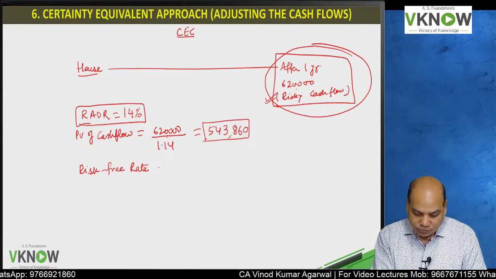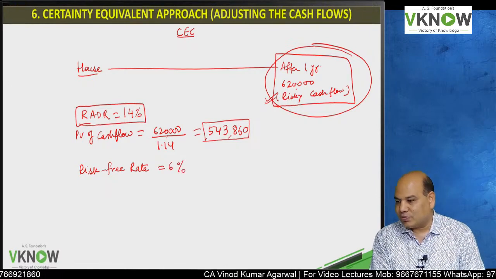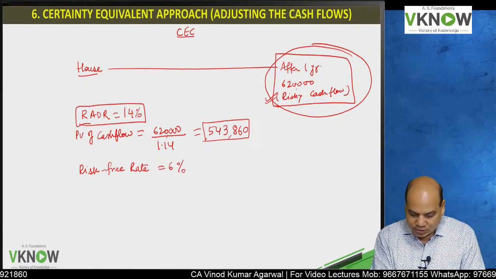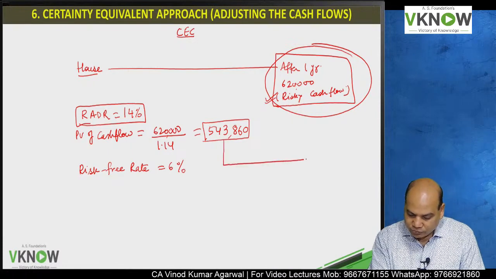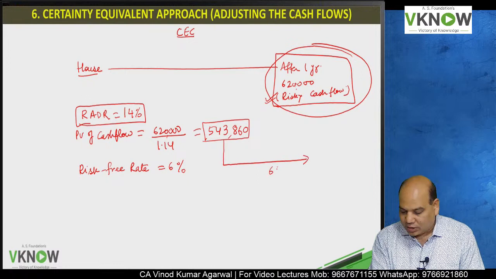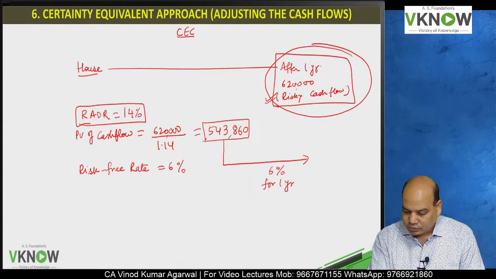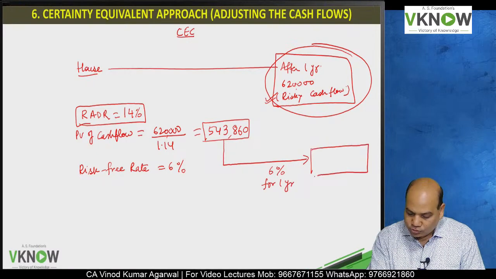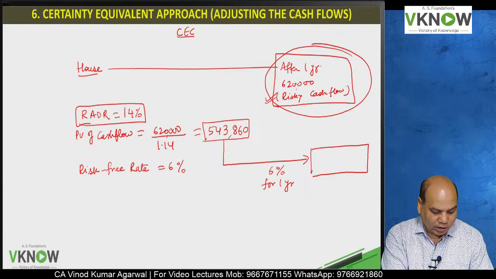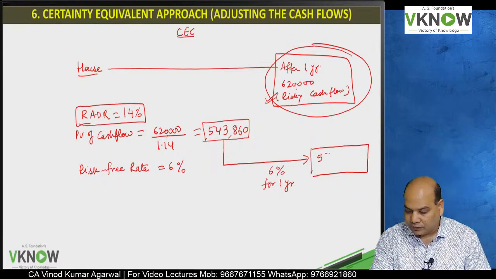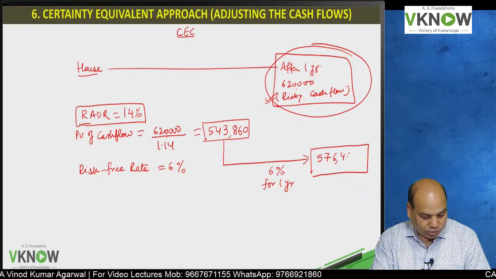Let us understand. Suppose the risk-free rate is 6%. If 5,43,000 is invested at 6% for 1 year, what will be the value of 5,43,000 after 1 year? It will be something like 5,76,492.